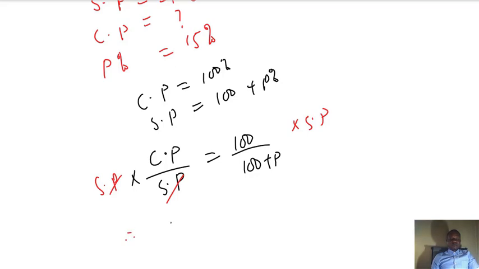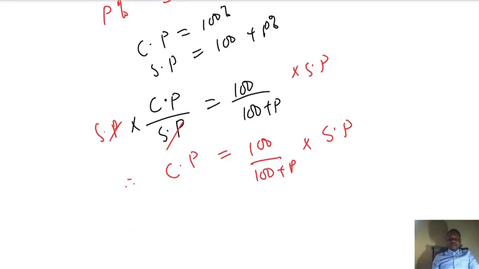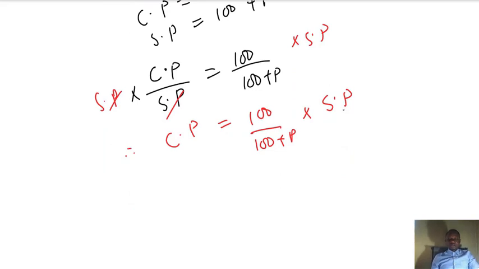Therefore, we have the CP equal to 100 over 100 plus the profit percent, times the selling price. So this is the formula we are going to use to solve for the cost price, whereby we know the selling price and the profit percent. We have the selling price in the question, and we have the profit percent to be 15%.